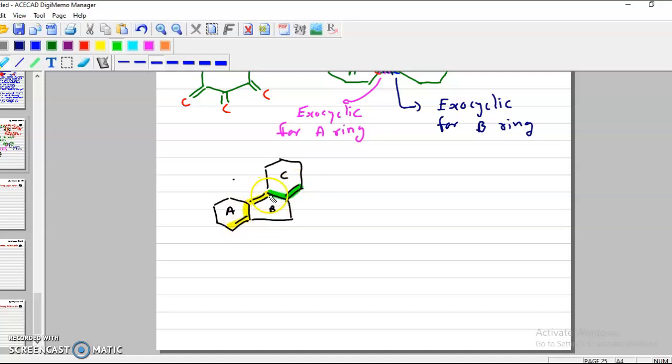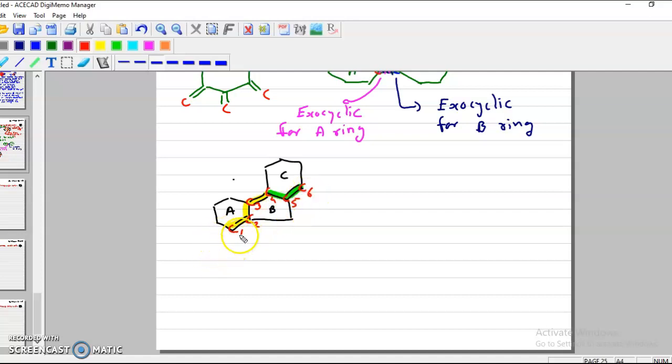So there are a total of 3 double bonds in the system. Now we have to see each one, whether each one is an exocyclic double bond for different rings or not. So these are the carbons involved in the ring or in the system. I will give numbers C1, C2, C3, C4, C5, C6.